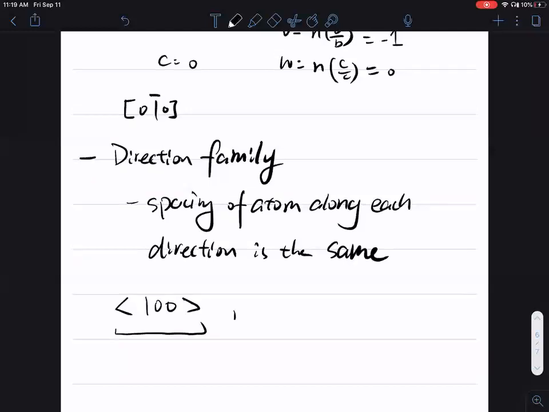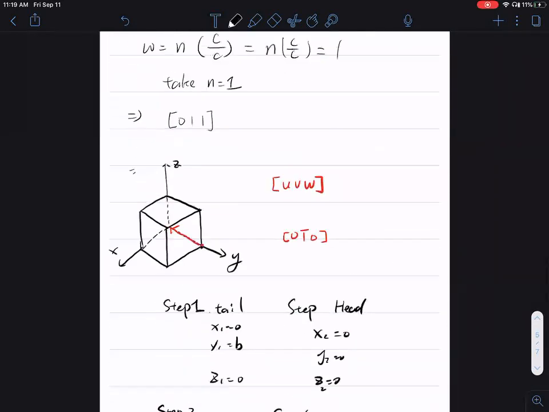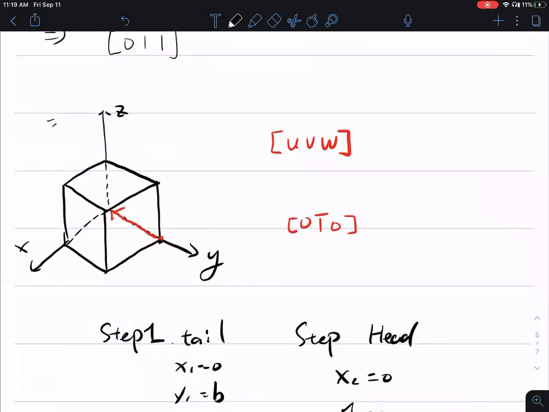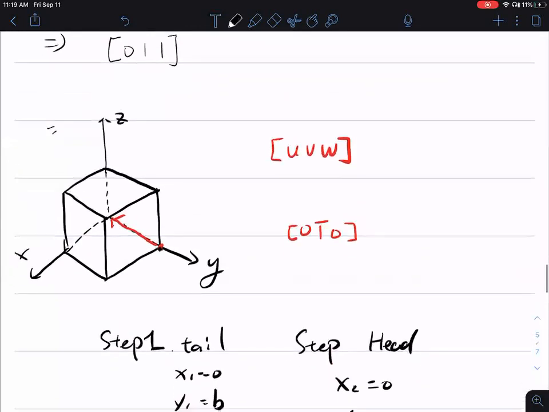It can include all the directions that share the same spacing of atoms. In this case, if we look at a unit cell, all the directions along the axes are the same and belong to the same direction family.